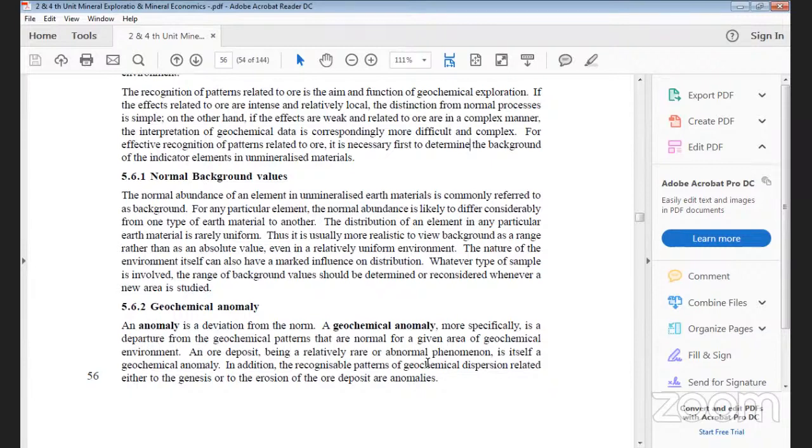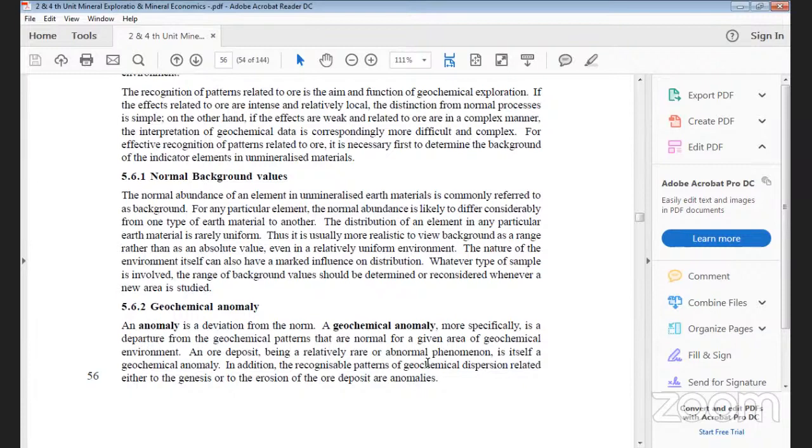Above the background values of samples, we again take the average, and then we get the threshold values.